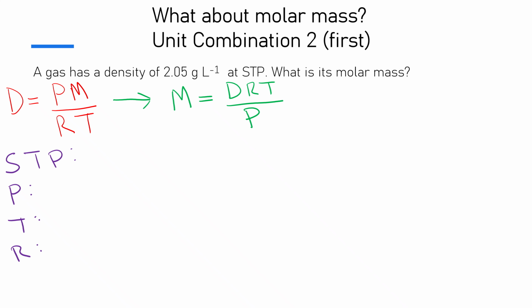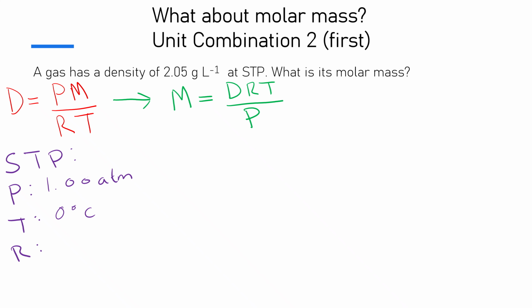So for this unit combination, the units of pressure are atmospheres and the unit for temperature is always Kelvin. At STP, the value for pressure is 1.00 atmospheres. And temperature is typically quoted as 0 degrees Celsius.